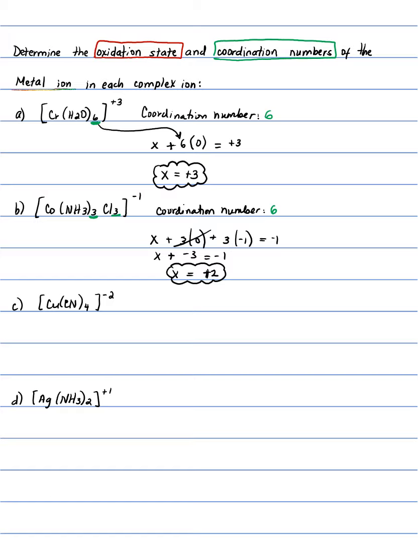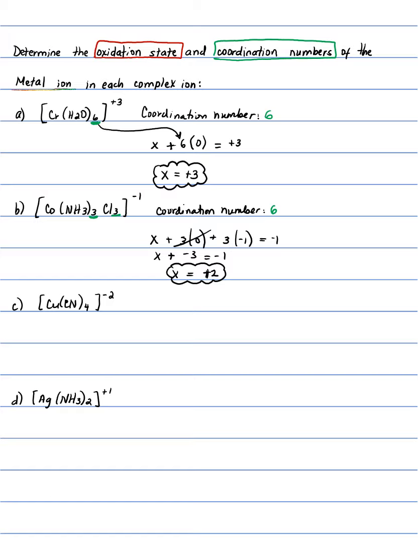So remember, check the list of ligands that you have. For CN, you have a -1 charge. So you have 4 of them. That will be 4 times -1 plus the X that you have for copper, and all of that will be equal to -2. And you can solve for X to check the oxidation state for copper.